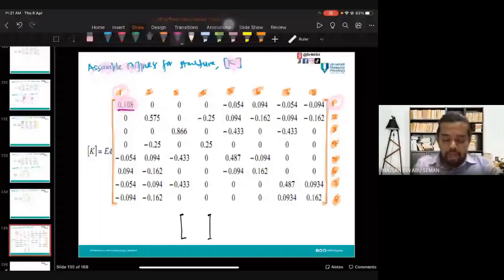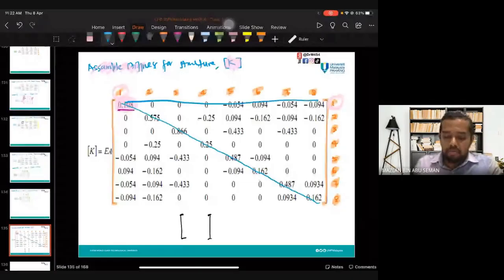Please bear in mind when you calculate these values, try to use 4 decimal places to be safe. So calculate for all cells; it's enough for you to just calculate half side because it's symmetry.